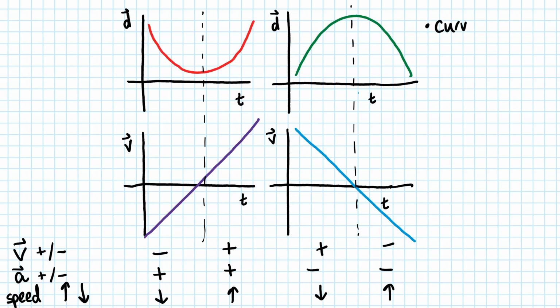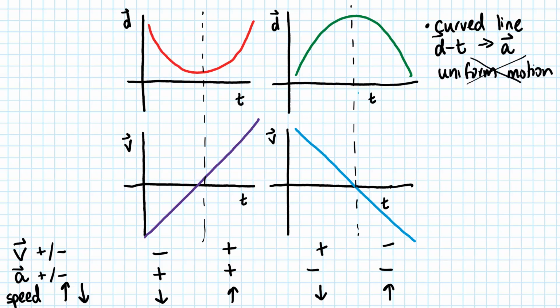Number 1, a curved line on a position time graph means acceleration is occurring. That means you do not have uniform motion. Your velocity is changing. Also, if the curve is open upwards, an upwards curve means positive acceleration.